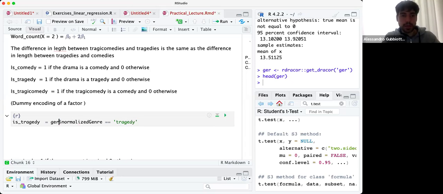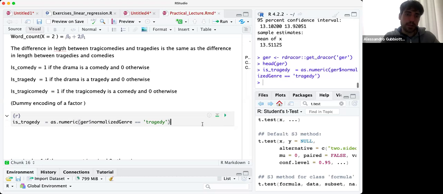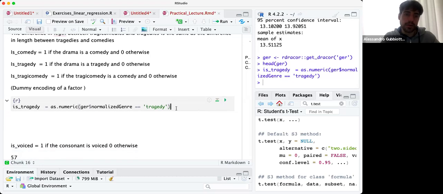And we impose it to be a number as we did before. So this is one if it is a tragedy, zero otherwise.